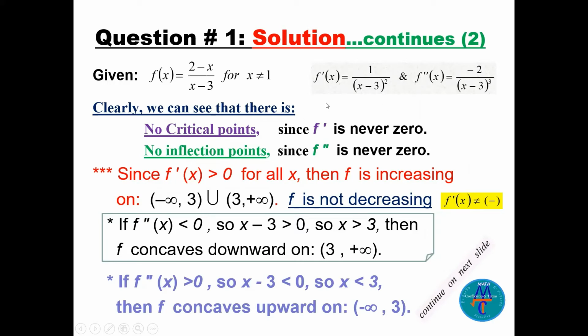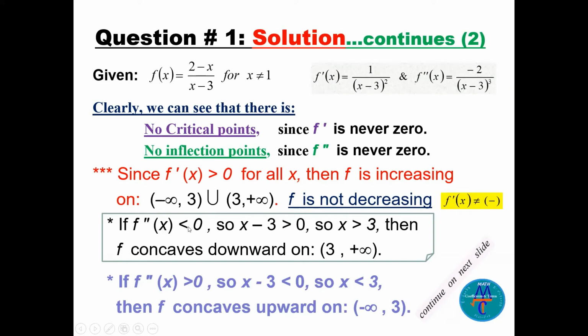F prime here is positive everywhere, right? 1 is positive, x minus 3 squared is positive, so f prime is positive everywhere. So f is increasing from minus infinity to 3, union 3 to infinity. F is not decreasing anywhere because f prime is not negative at any number.